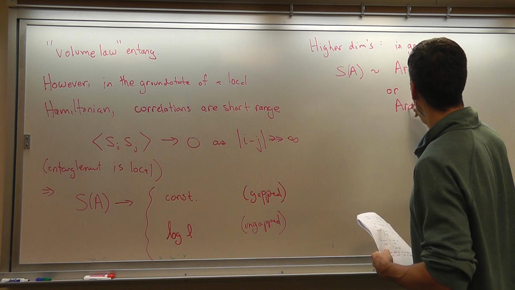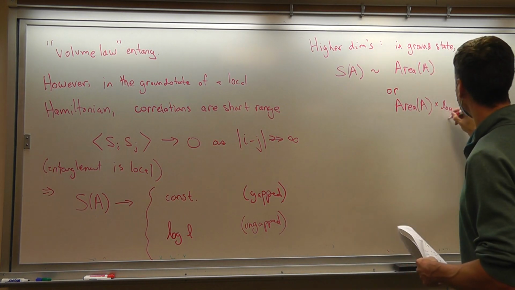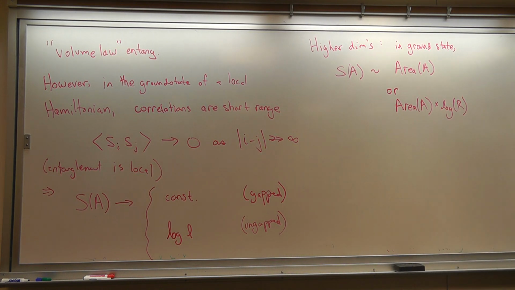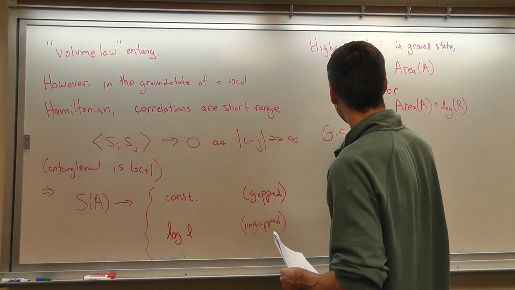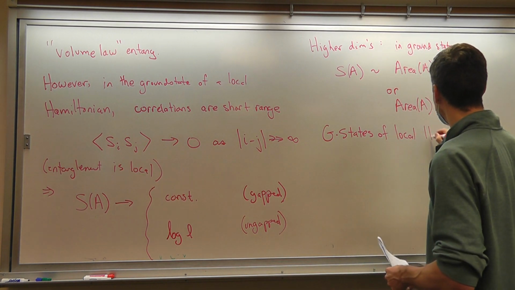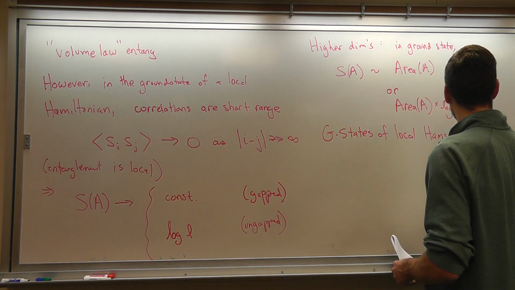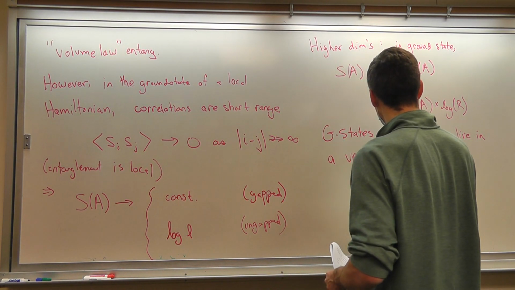There can be logarithmic corrections to this, so it can go as the area of A times log of the size. And that would depend on the details. So the point is that ground states of local Hamiltonians live in a very special corner of Hilbert space.